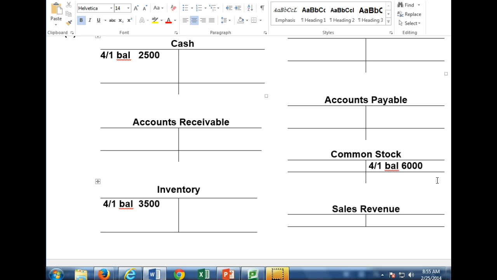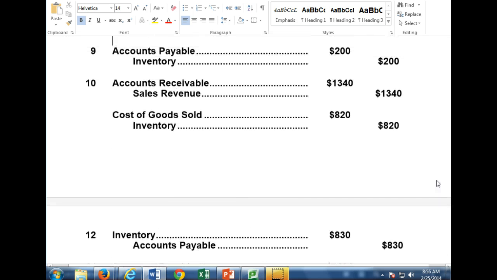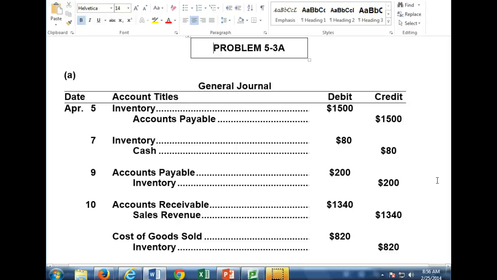All these journal entries that we've done, we're supposed to transfer them into all these various T accounts. Let's start with the very first transaction up here. Inventory on April 5th. Inventory is a debit for $1,500.